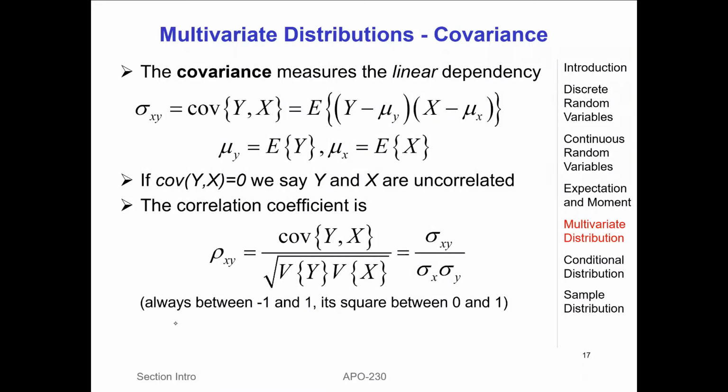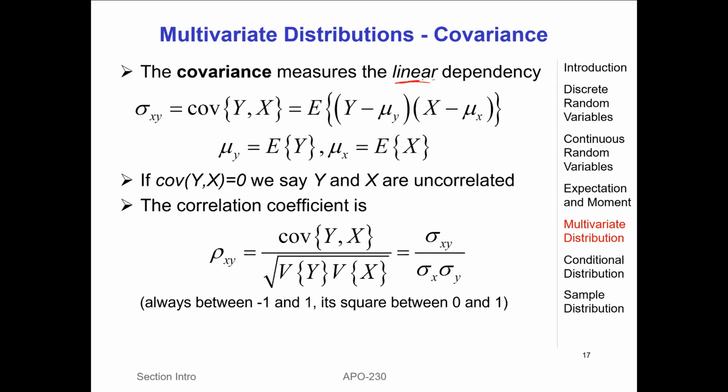Okay, now let's talk about covariance. One thing that is very important when we talk about multivariate distribution, and is also even more relevant for econometrics. As we go deeper, you will see that this is repeated a lot in many contexts. So the covariance is a measure used to measure the linear dependency, note just linear dependency, of two random variables.